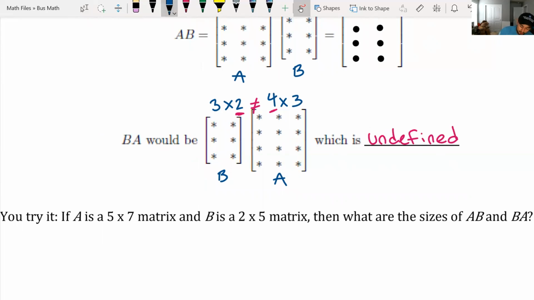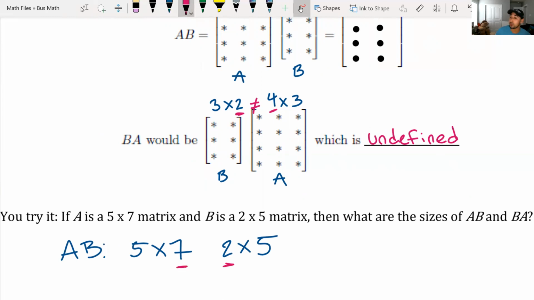For A times B, you would have a 5 by 7 times a 2 by 5. Now, does this 7 equal that 2? Not at all. So A times B is undefined.